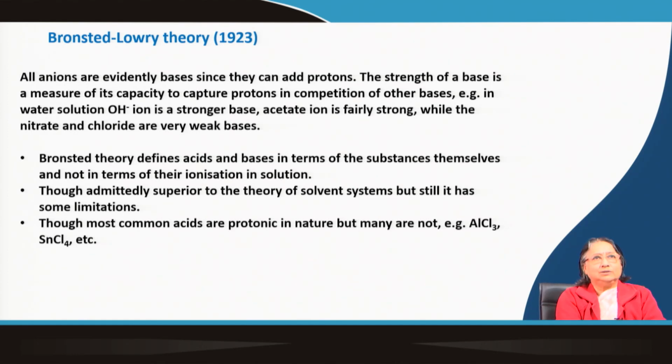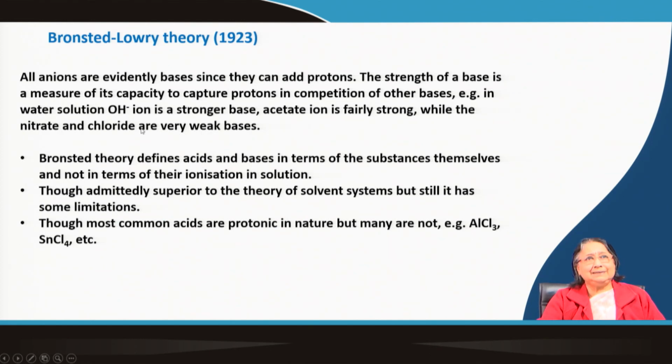Now, all anions are evidently bases, since anions can add protons, so they must be bases. The strength of a base is a measure of its capacity to capture protons in comparison to other bases. For example, in water solution, the OH minus ion is a strong base, acetate ion is fairly strong, while nitrate and chloride are very weak bases.